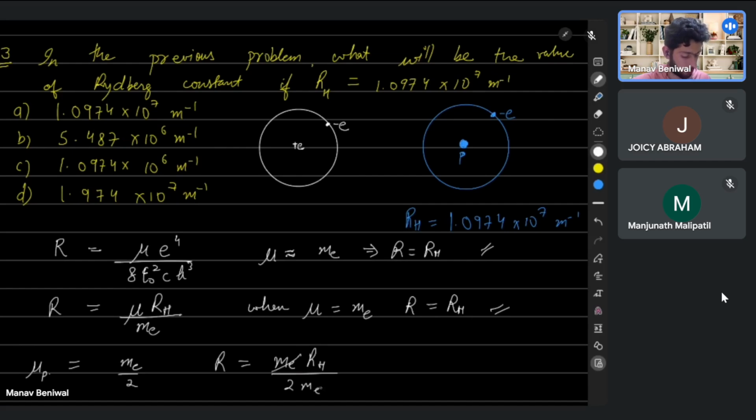So this me cancels out and we get RH over 2. And RH is already given to us in the problem. So this will then become 5.487 into 10 to the power 6 per meter, which is option B.